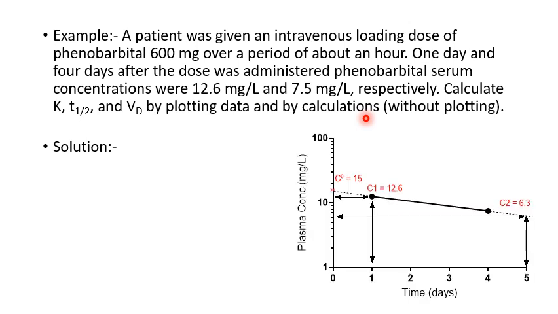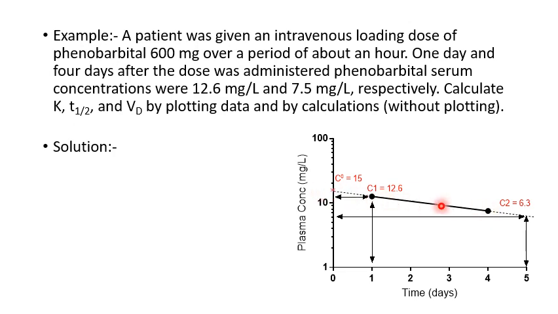Okay, so by plotting the data, we should consider that the time here is in days, and we have the concentration of the drug 1 day after the dose was administered. Here, the 1 day was 12.6 milligram per liter. And also we have 4 days following the administration, which is 7.5 milligram per liter.